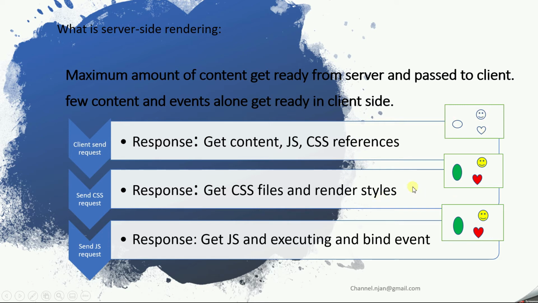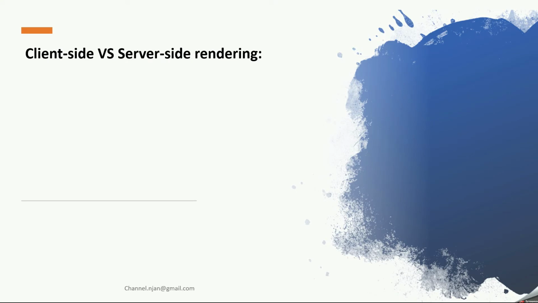Second, after getting the CSS we apply the CSS. After getting the JS, we bind the events alone. So the user feels the page is rendered before the time itself. Compared to client side, in server side we see the page faster.